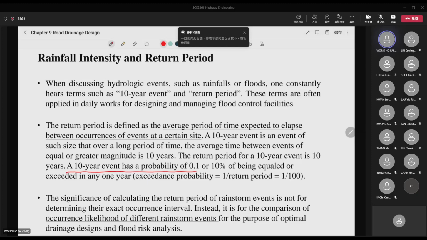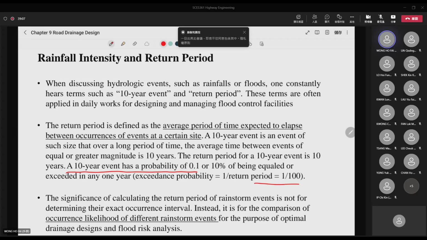For a 100-year event, in the same meaning, the probability of having that is 0.01, or just 1%. But it doesn't mean that it will happen exactly every 100 years, okay? It just means that the probability of happening is around 10% or 1%, depending on the number of years of the return period.